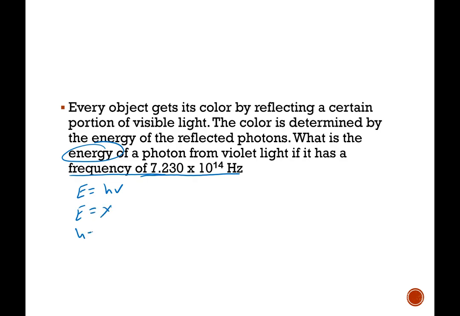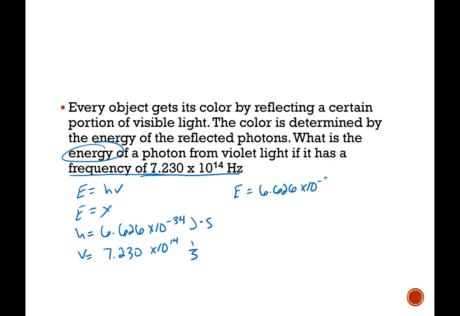Energy is unknown. h is Planck's constant, 6.626 times 10 to the negative 34 joules times seconds. And my frequency is 7.230 times 10 to the 14 hertz, which again is inverse seconds, 1 over seconds.